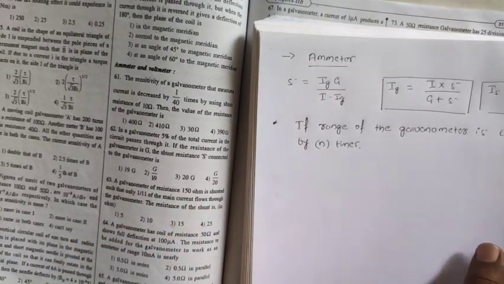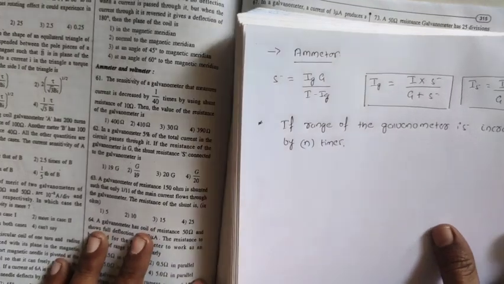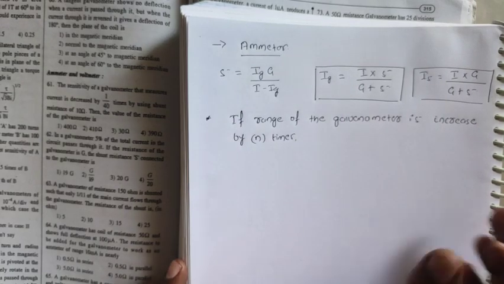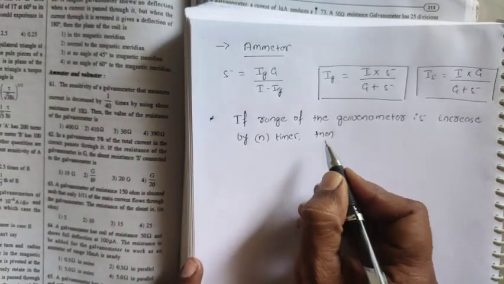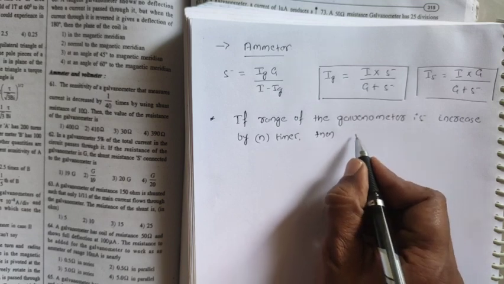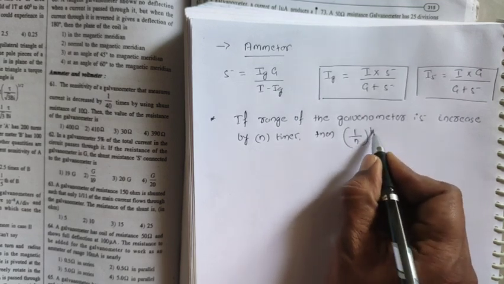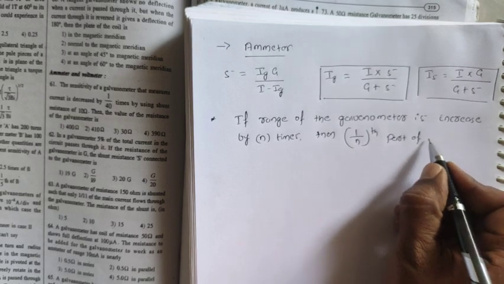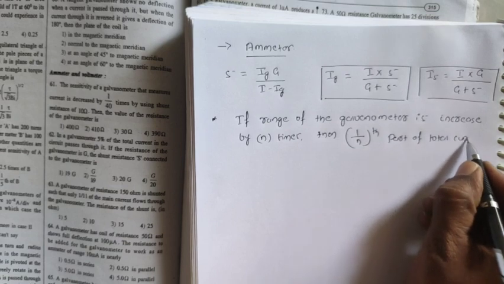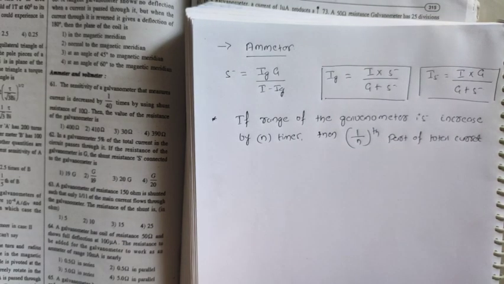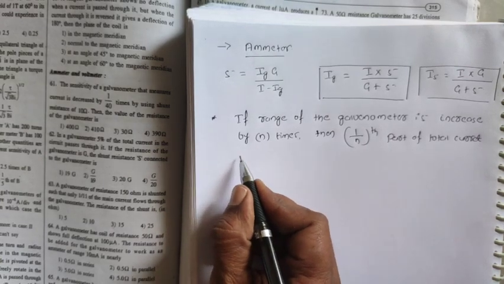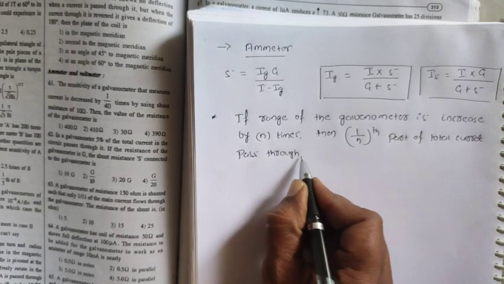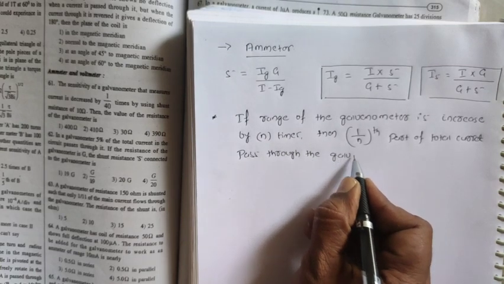If the range of the galvanometer is increased by n times, then how much amount of current will pass into the galvanometer? Then 1 by nth part of the total current passes through the galvanometer.